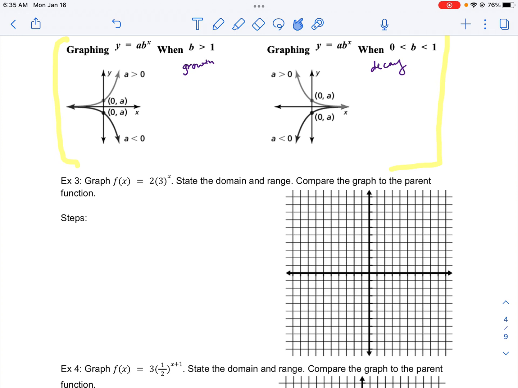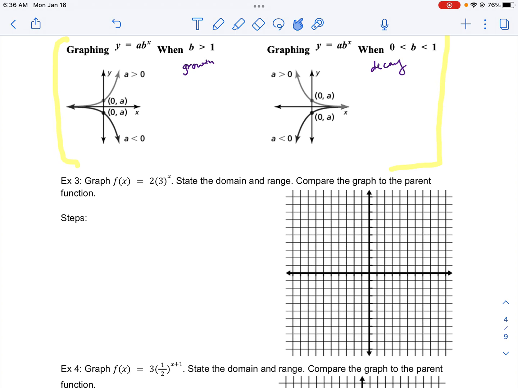So on the left one, it's growth. Because b is greater than 1, we go up. Sometimes we can go down, and that's just a reflection or whatnot. On the right, this is decay because our b value is between 0 and 1. Again, we can have reflections depending on that a value.